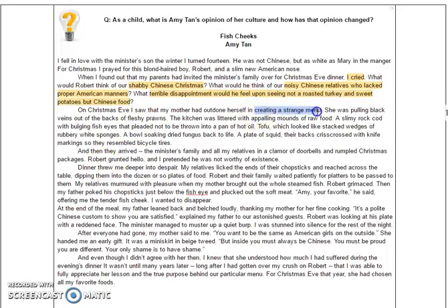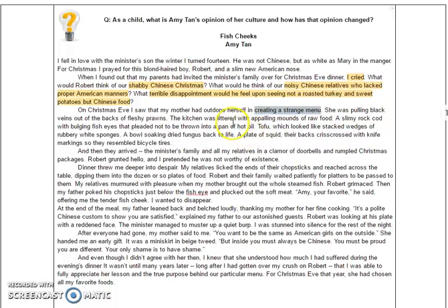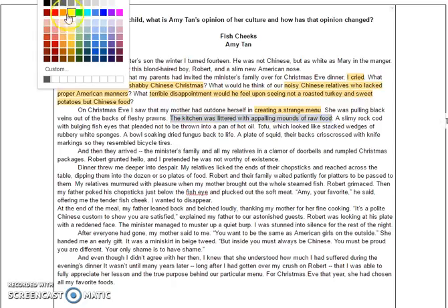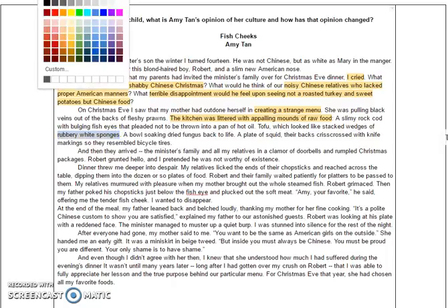In this paragraph, she describes the food that her mother is preparing for Christmas as strange. She talks about the appalling mounds of raw food, and tofu that looks like rubbery white sponges.